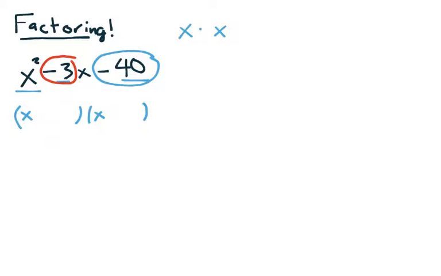So let's just look at the factors of 40 first. So you can multiply 1 times 40. You can multiply 2 times 20. You can multiply 4 by 10. Or you can multiply 8 by 5. Those are all the factors of 40.